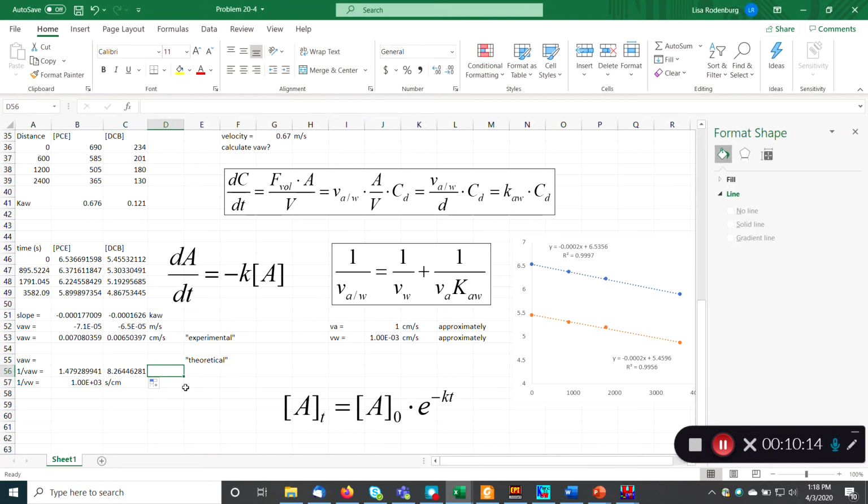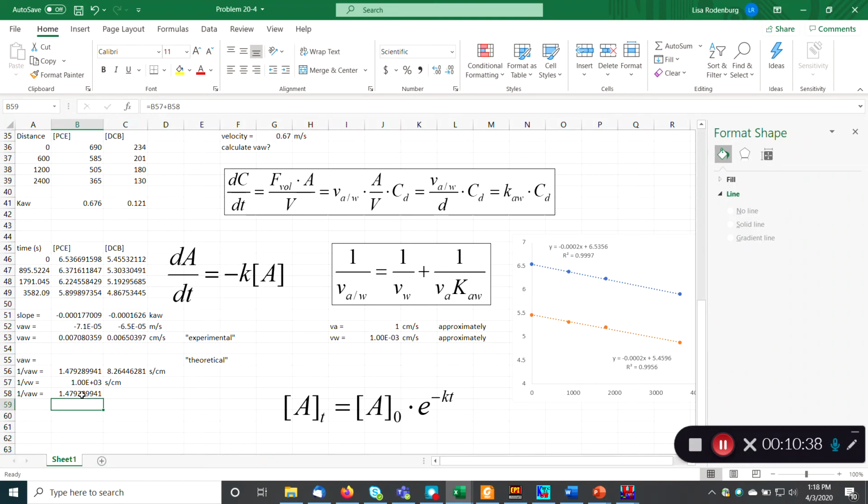So this is, again, seconds per centimeter. And so 1 over VAW is the sum of these two. That plus that. Oops, did I get that right? Do it again. That plus that.